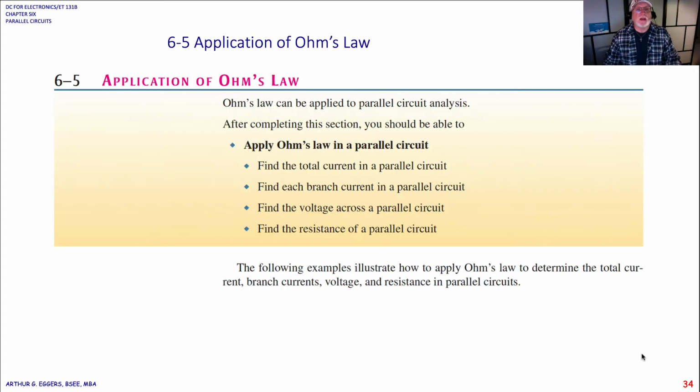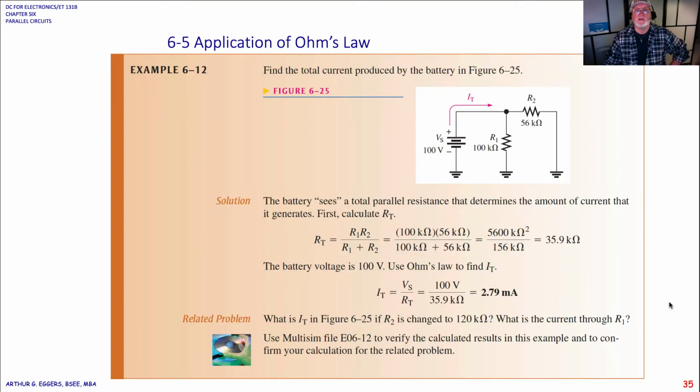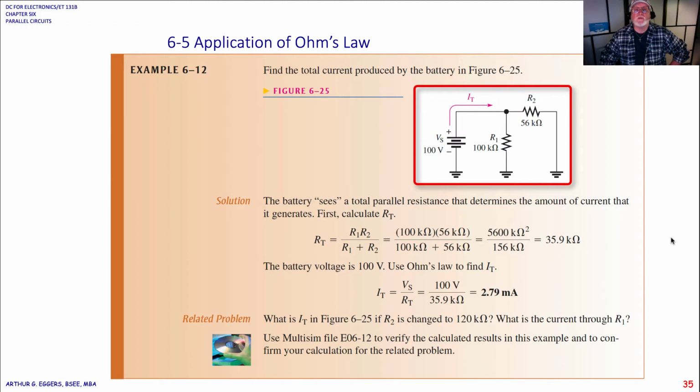So now let's get back to Ohm's law and its applications in parallel resistive circuits. So we're going to apply Ohm's law in a parallel circuit to find the total current, find the current in each branch, the voltage across the parallel circuit, and the resistance. So in this example, you can see we've got two resistors that are in parallel.